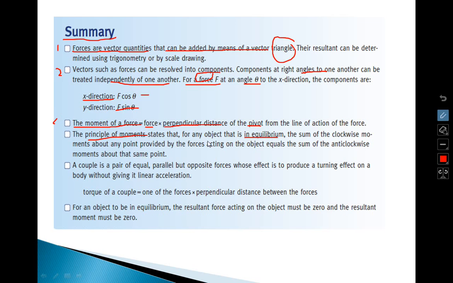We said for any object that is in equilibrium, what happens?